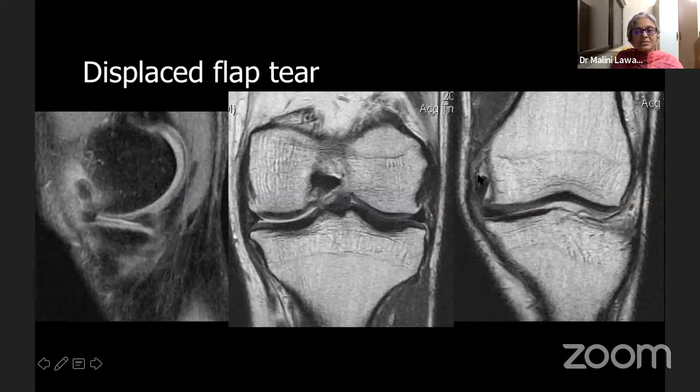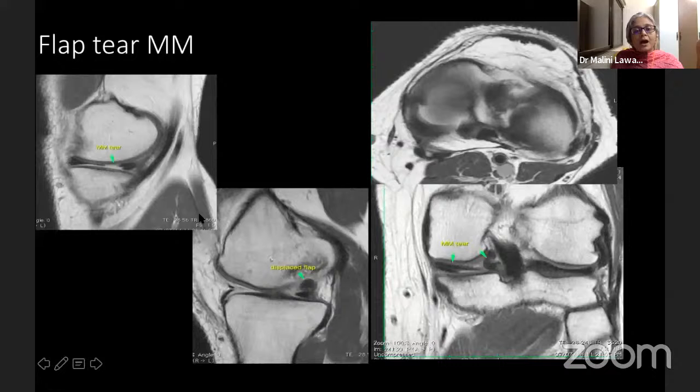And you can see this displaced flap in the superior medial gutter. Again here, in this meniscus body, you see a large defect, and you see this displaced meniscal flap in the superior medial gutter. Another common location where a flap may be seen: it may be in the superior or inferior gutters, or again, you can see this large defect, and this flap is seen here near the posterior root attachment.